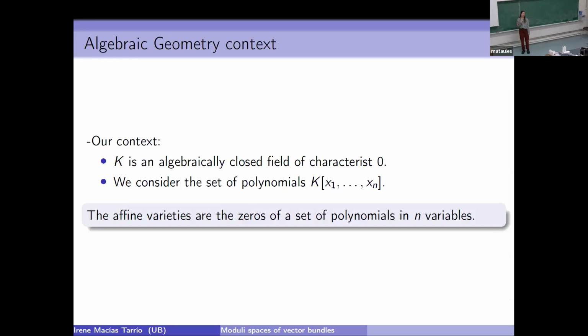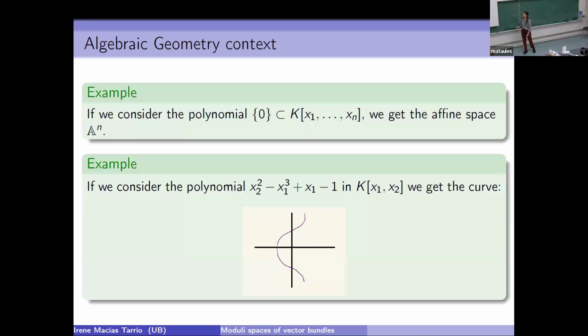Now we move to algebraic geometry. So now we have to think of varieties in a different way. For us, varieties are zeros of polynomials. We take an algebraically closed field of characteristic 0, and we consider sets of polynomials. The affine varieties will be the zero sets of polynomials. For example, if we take the polynomial 0, we will get the whole space, the affine space, because every point is a zero of this polynomial.